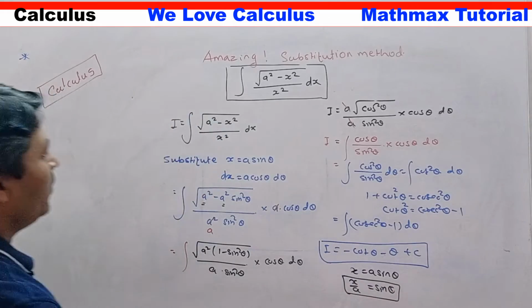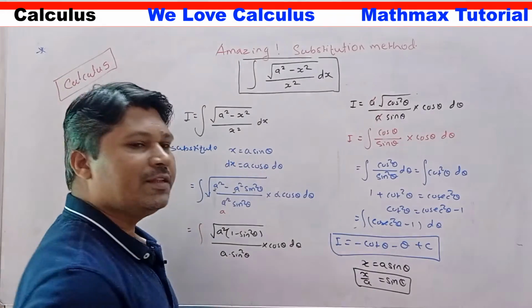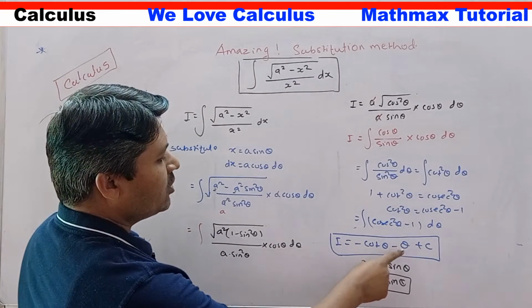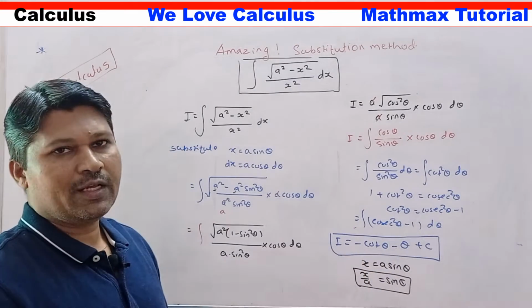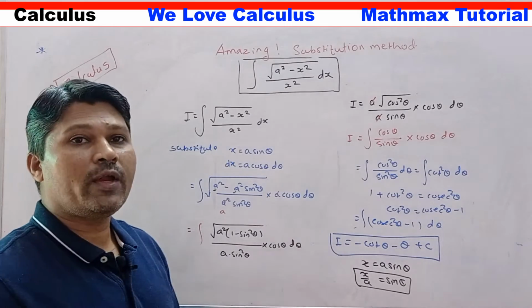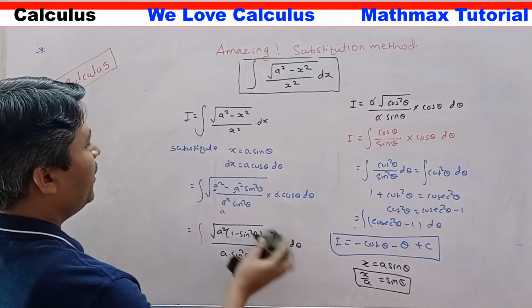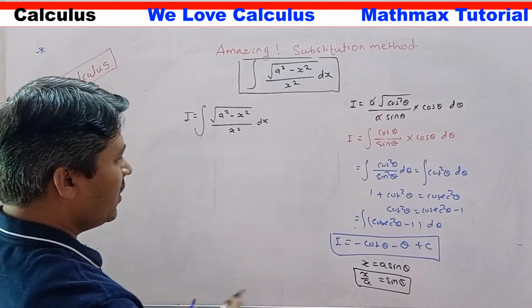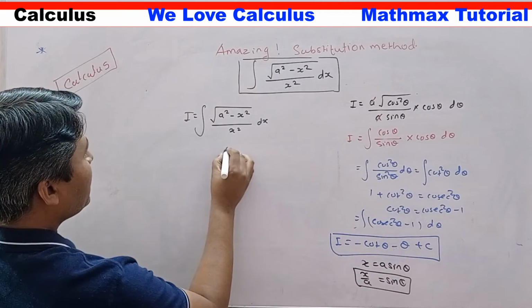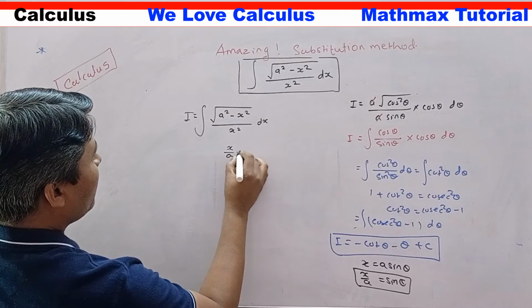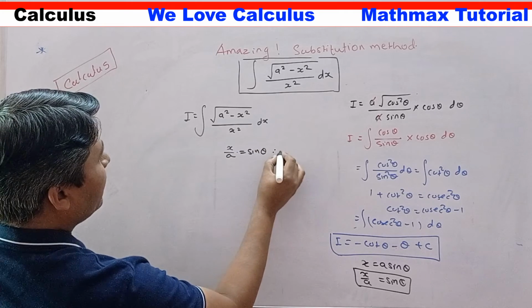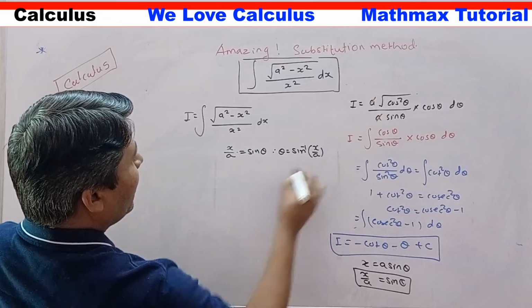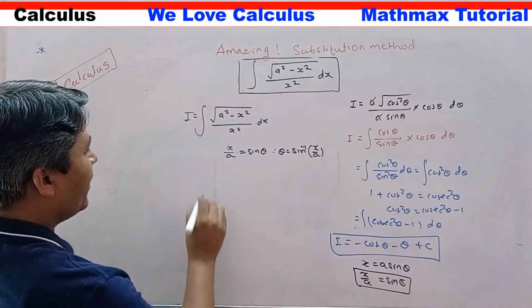We want to find the value of theta and of cot theta to put into this equation. Therefore x by a is equal to sin theta, then we get theta is equal to sin inverse x by a.